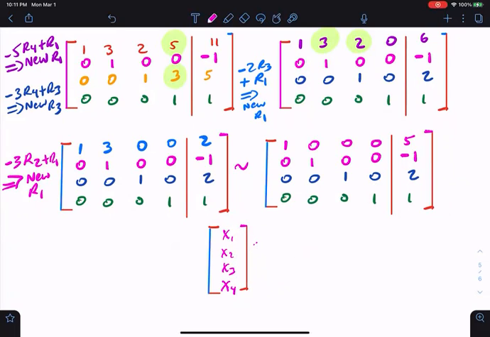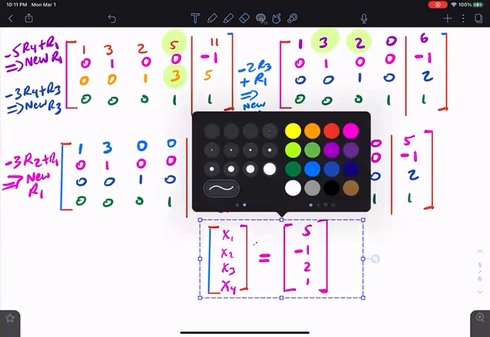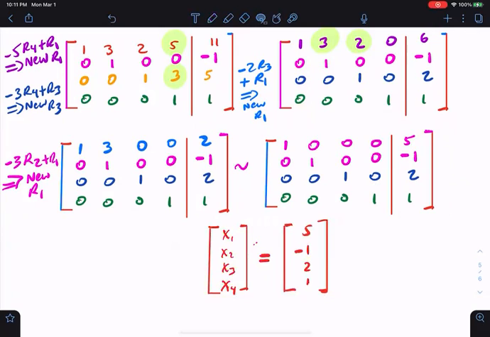This is equal to 5, negative 1, 2, 1. Let's change the color because that's the answer. So that's it, that's the answer for this problem, right?